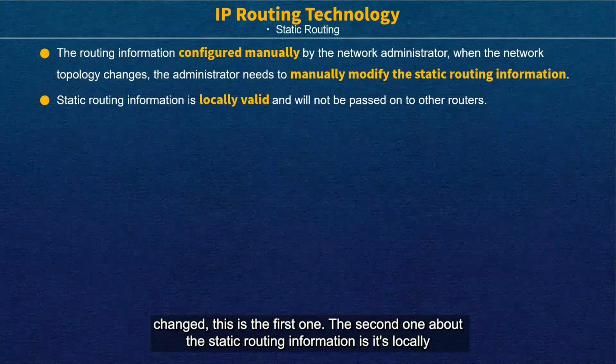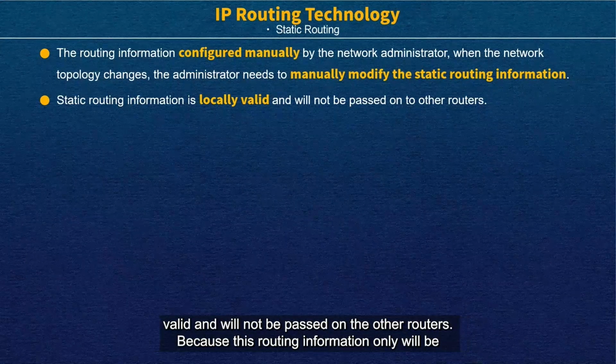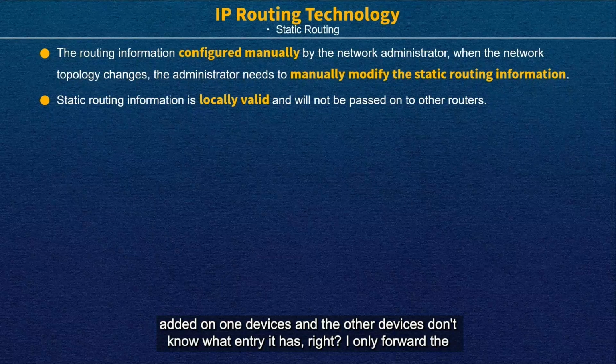The second one: static routing information is locally valid and will not be passed on to other routers, because this routing information is only added on one device, and the other devices don't know what entries you have.